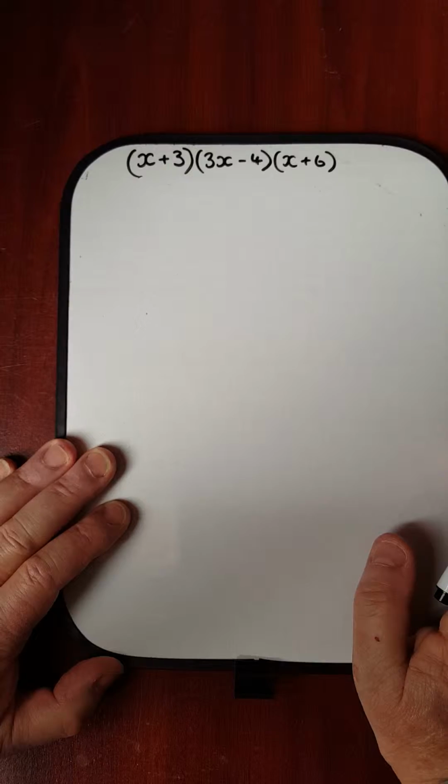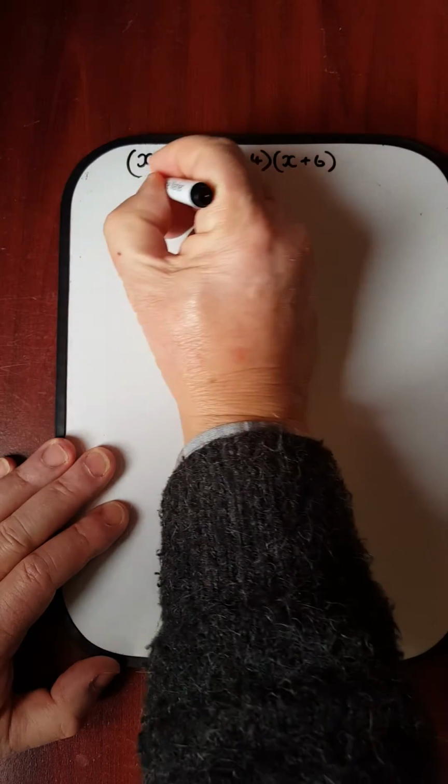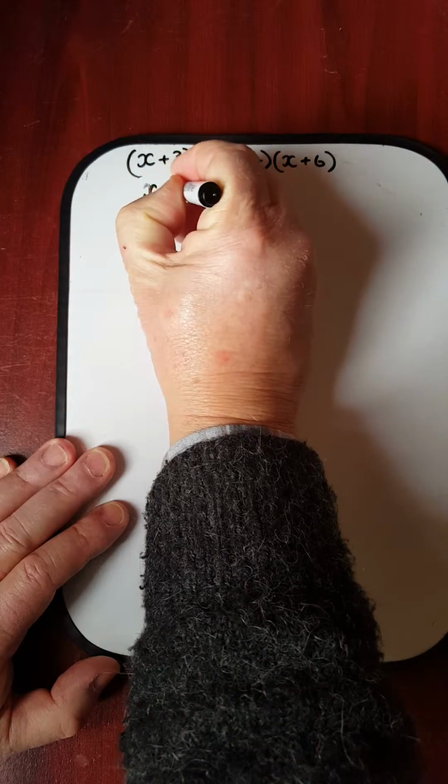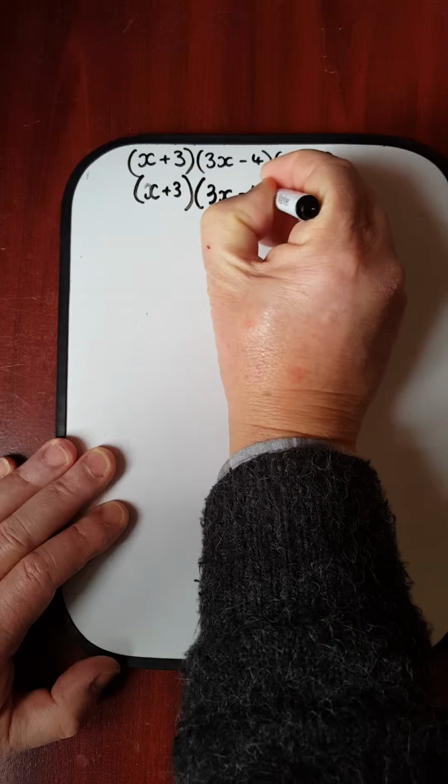So the first thing we're going to do is to multiply two brackets. x plus 3, 3x minus 4.